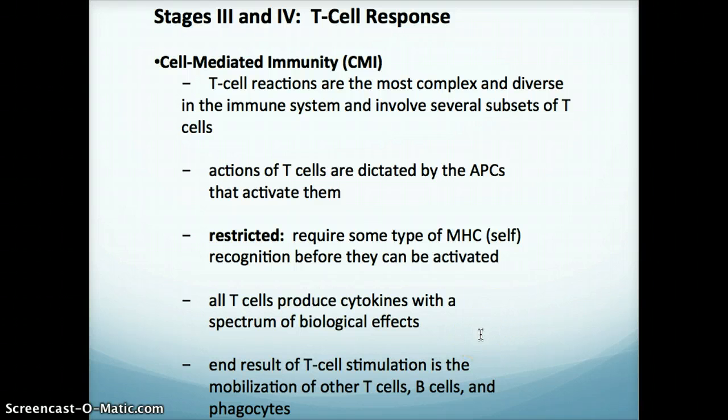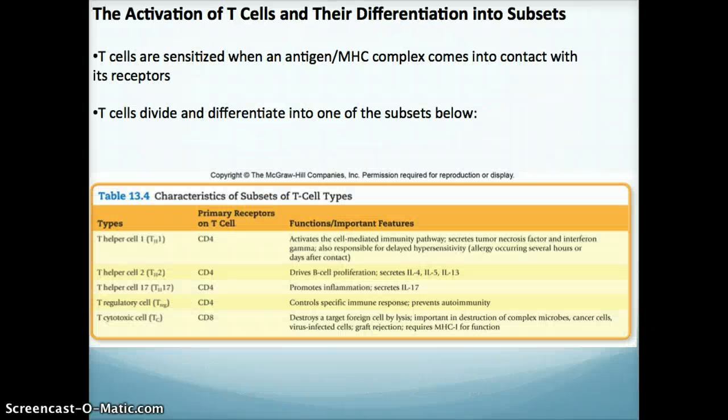And all T cells will produce cytokines that have a wide spectrum of biological effects. The end result of T cell stimulation is going to be mobilization of other T cells, B cells, and phagocytes.